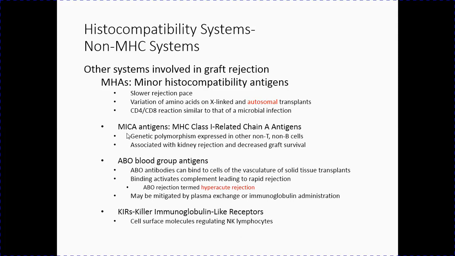They may be able to do something like a plasma exchange, where they exchange out the bulk of the transplant recipient's plasma. You never get all of it, but they do a large volume plasma exchange, and that eliminates the blood group antibodies from the donor from the patient plasma.